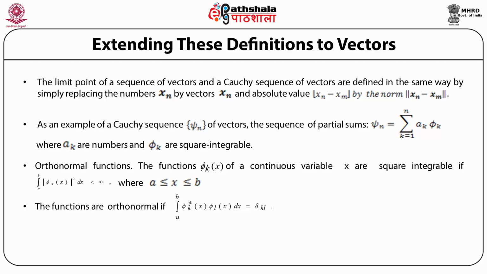The functions are orthonormal if the integral with limits from a to b of phi k star(x) phi l(x) dx is equal to delta kl, where delta kl is equal to 1 if k is equal to l, and delta kl is equal to 0 if k is not equal to l.